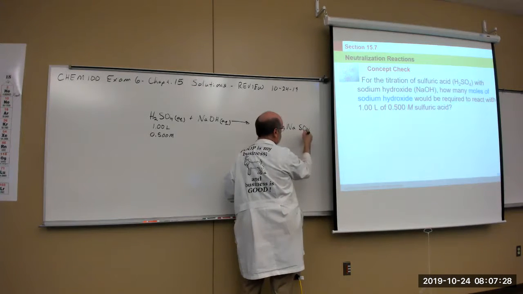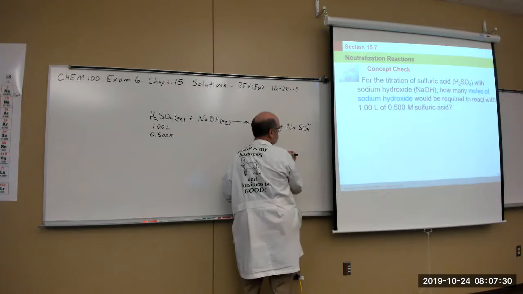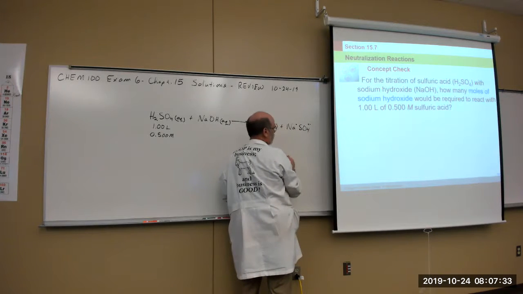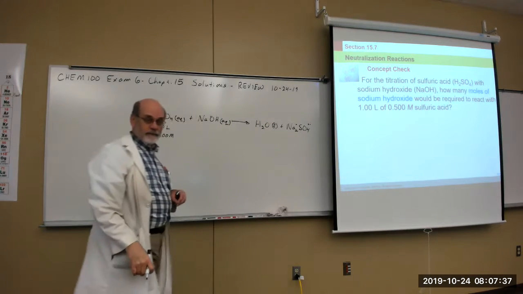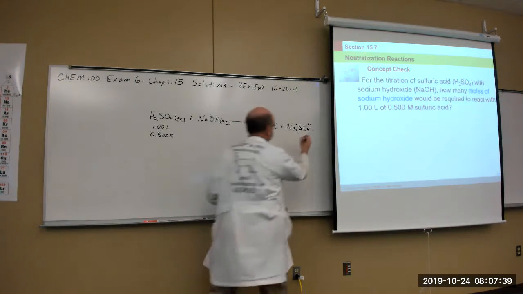The sulfate is a polyatomic ion with a 2- charge. Sodium is a +1 charge. So we have to have 2 sodiums to make that salt.